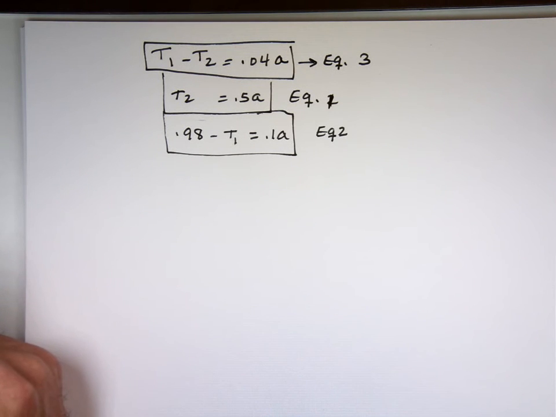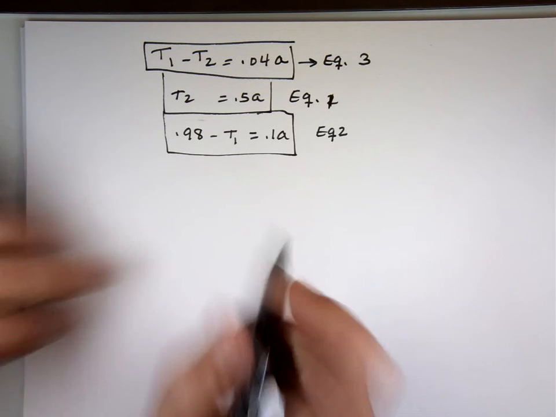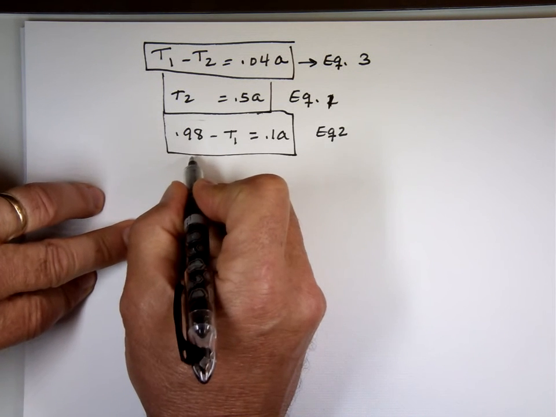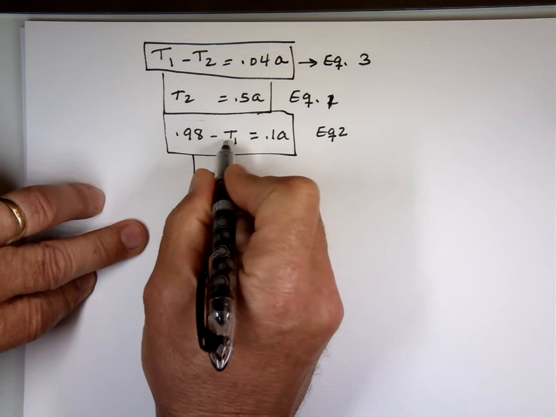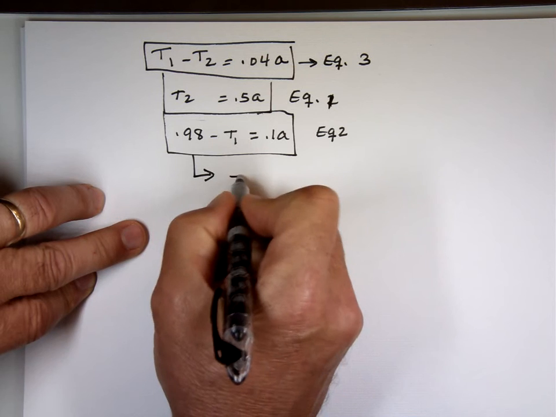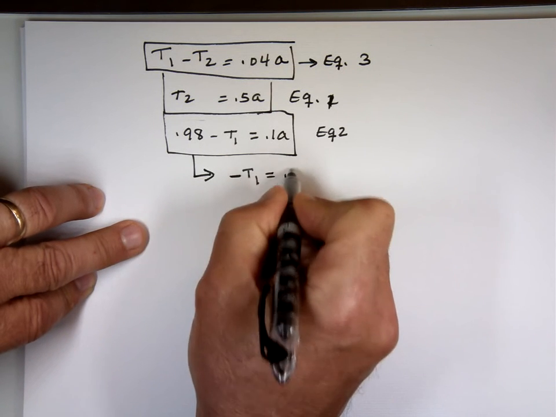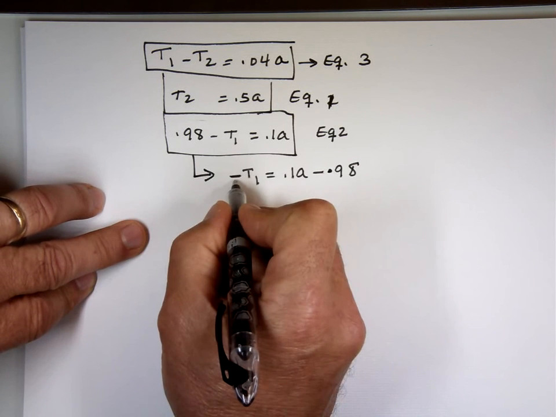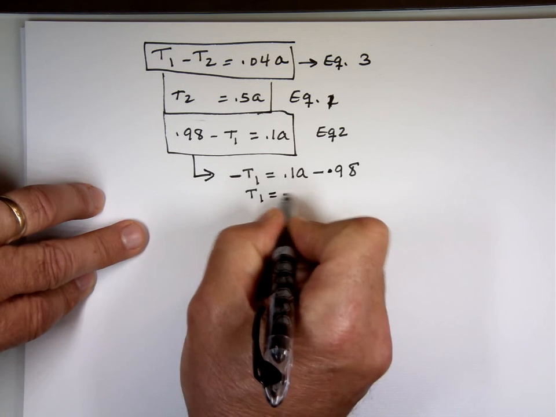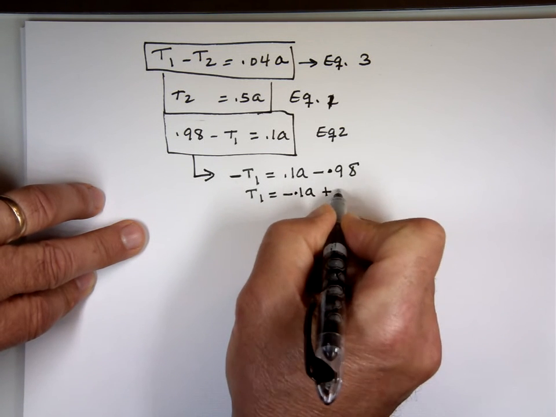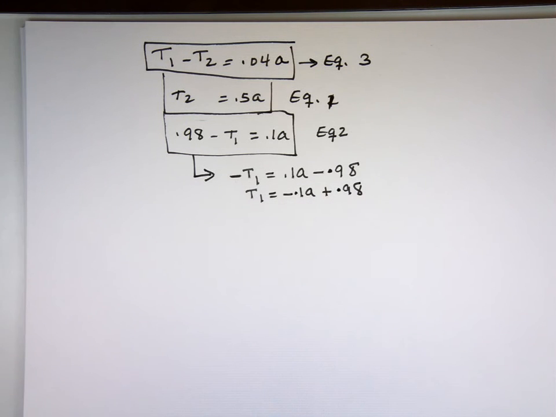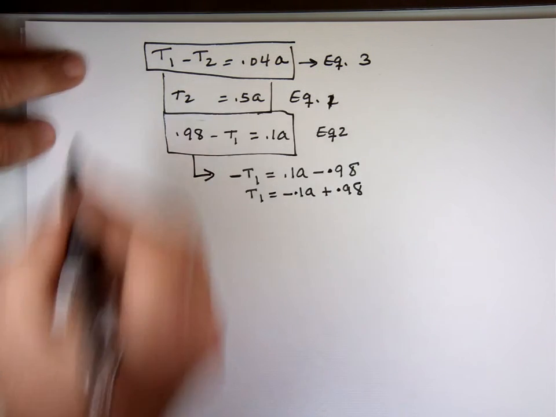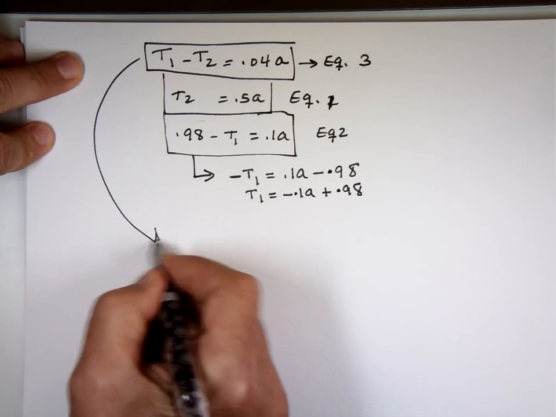If we do some substitution here, take this equation and solve it for T1, not A. You have negative T1 equals 0.1A minus 0.98. Divide by minus 1 to get rid of that: T1 equals negative 0.1A plus 0.98. Now grab this equation. In place of T1, let's put this expression.